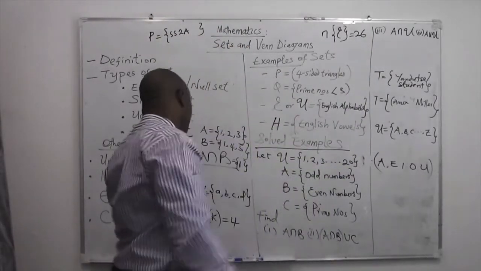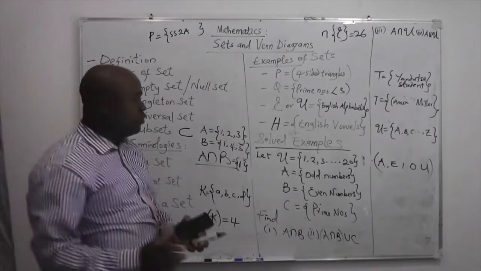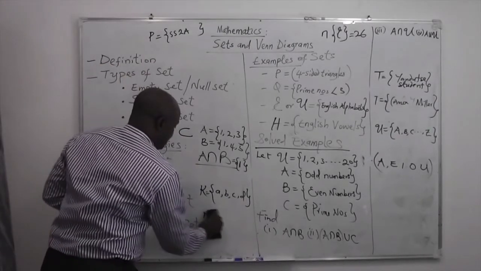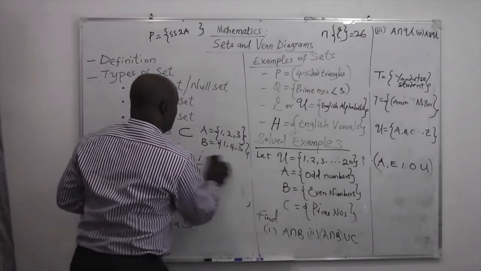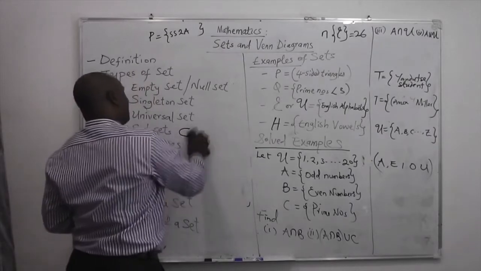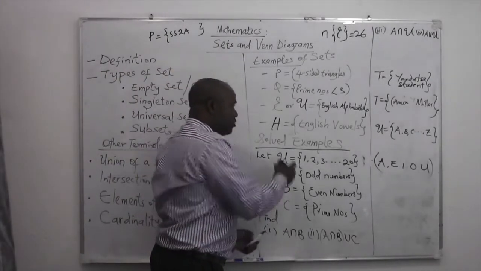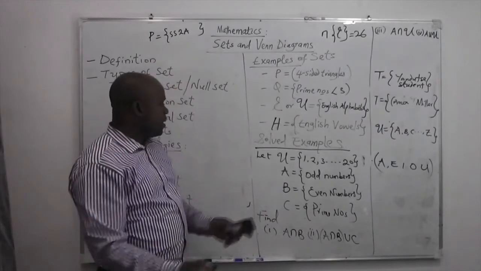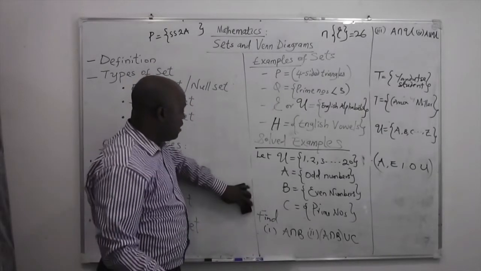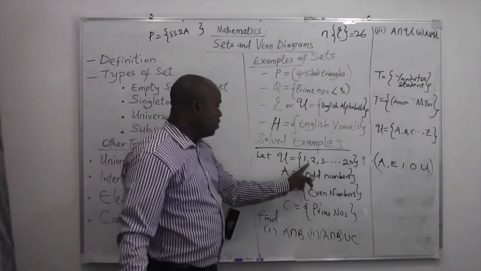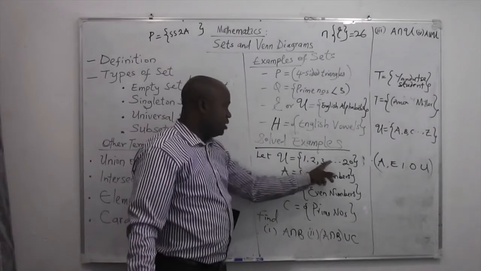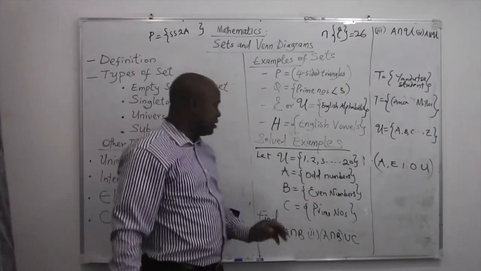So what I have just done now is a brief overview of some of the basics that you need to know as far as sets are concerned. So let's look at this particular example. The question says U is equal to 1, 2, 3 up to 20, counting numbers.